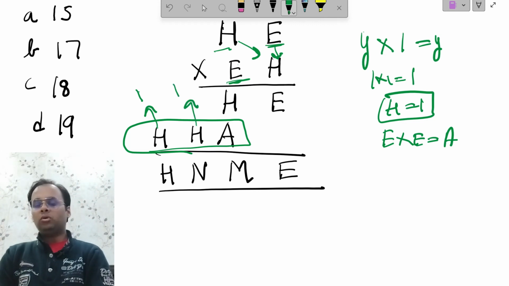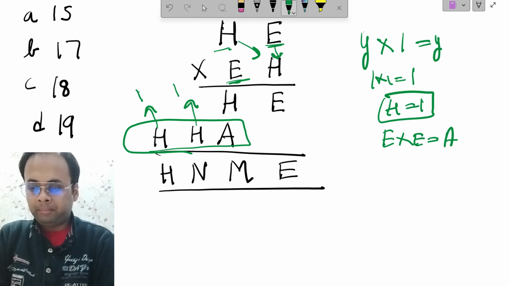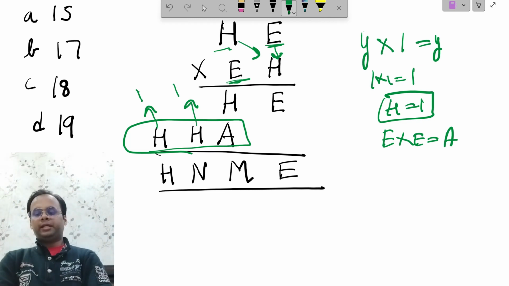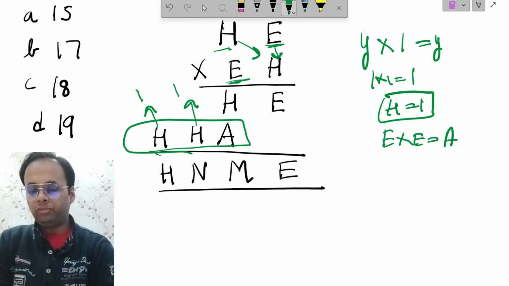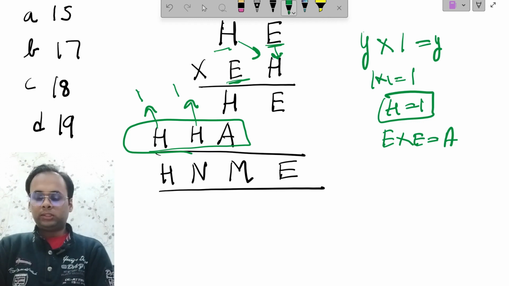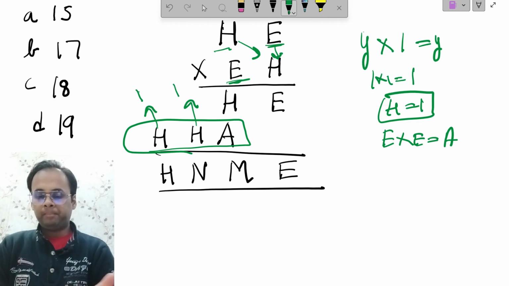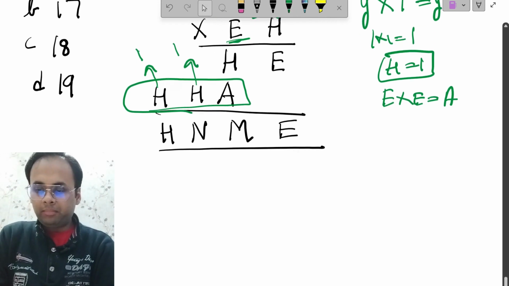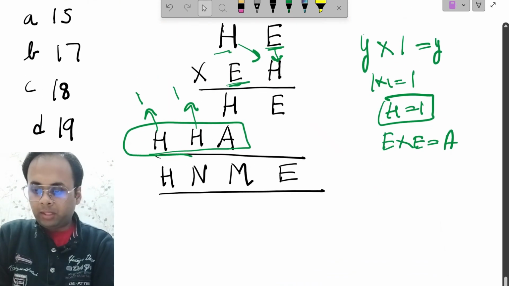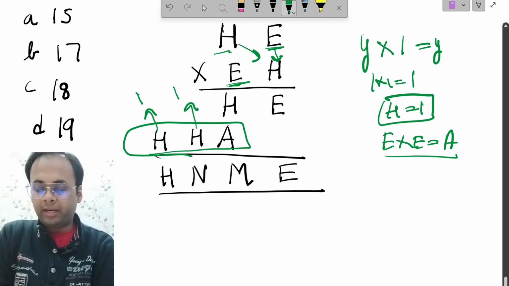Fine. We don't know the value of A. So what should be the value of E in that case? Because we have to analyze it accordingly. Now we have to consider solving it step by step. What can be the value of E? Just think about it, because E when multiplied by E gives A with a carry definitely.